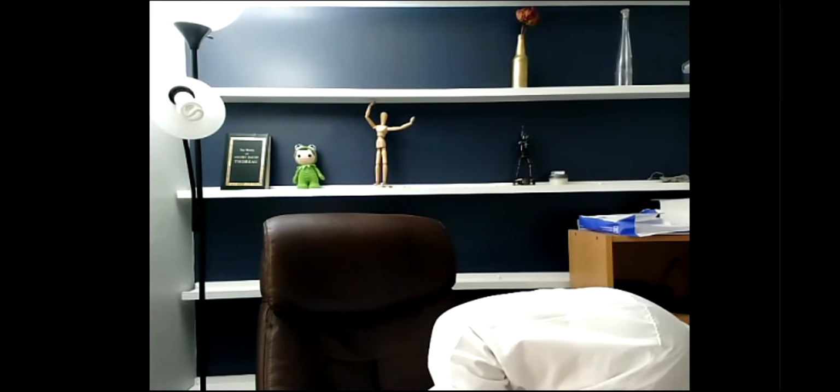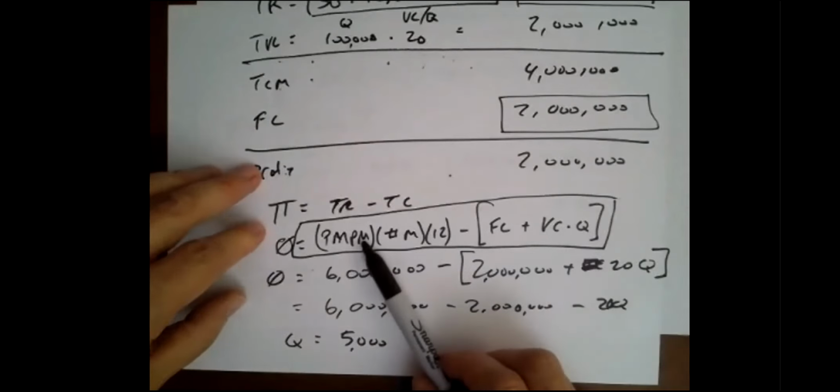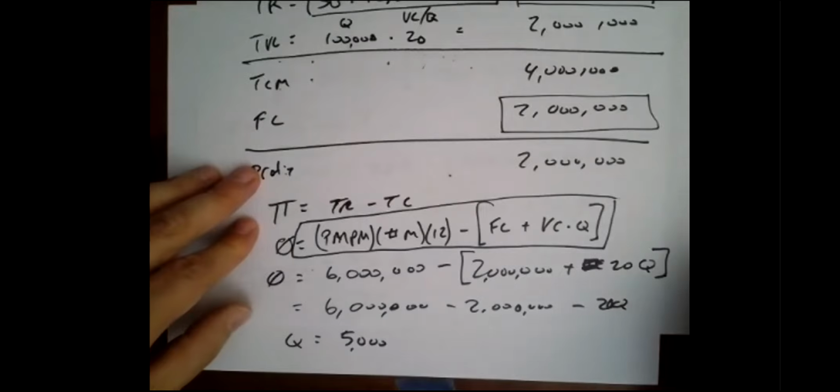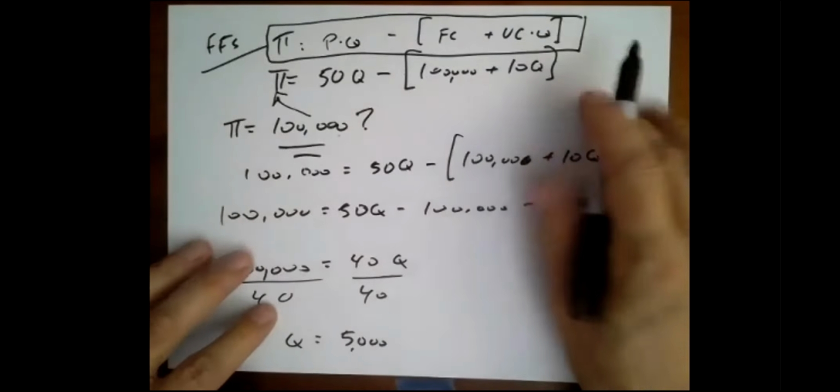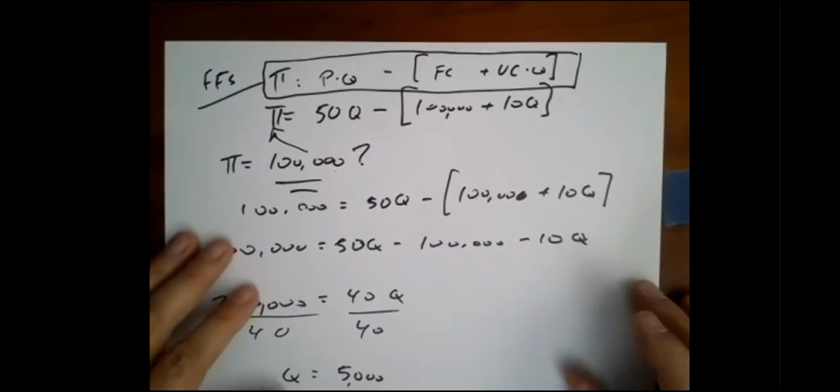But the core lesson coming out of this chapter, if you can remember this formula for fee for service, and if you can remember this version of the formula for the profit formula for capitation, and this version of the formula for fee for service, that's 90% of the chapter, right?